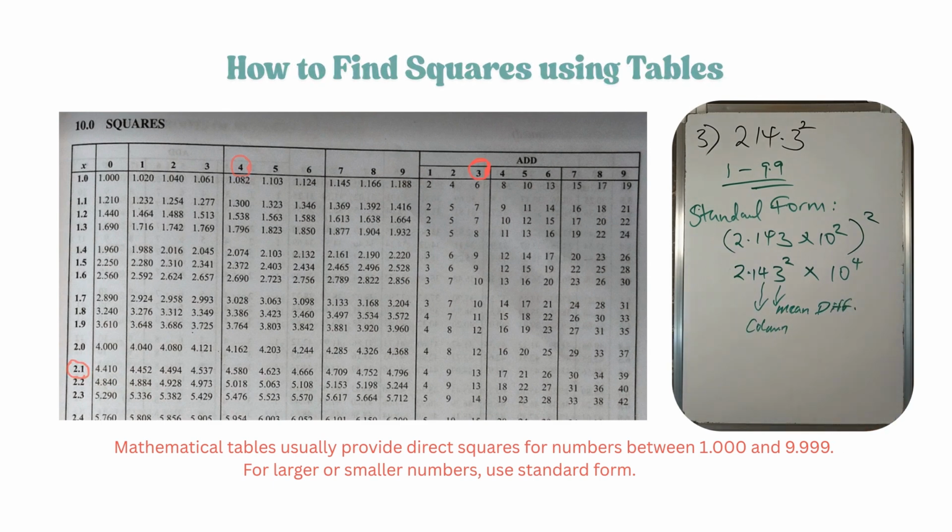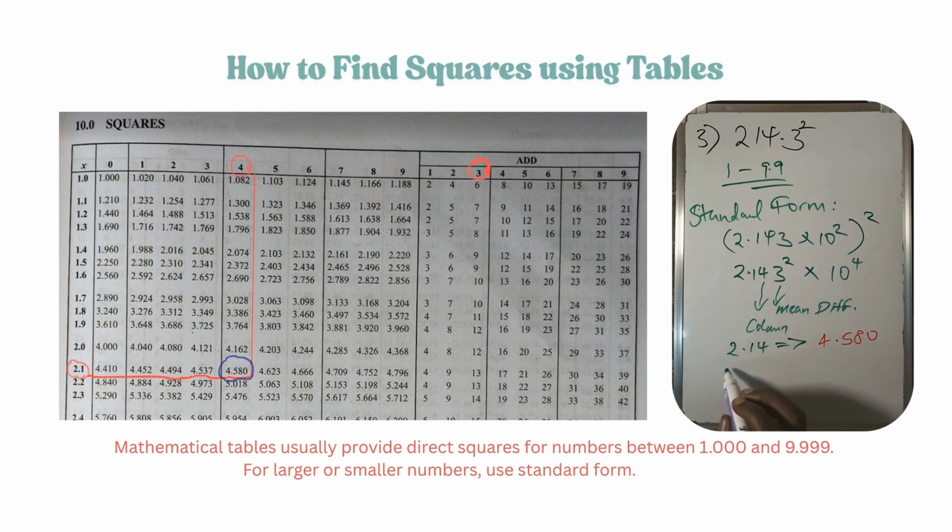So 2.14 in the table of squares gives us 4.580.